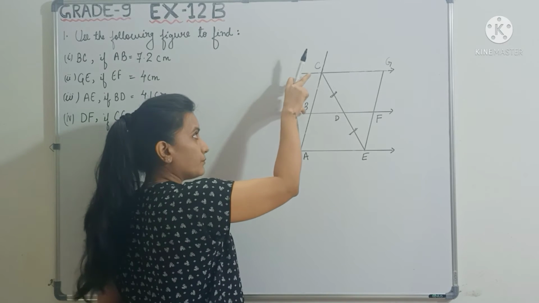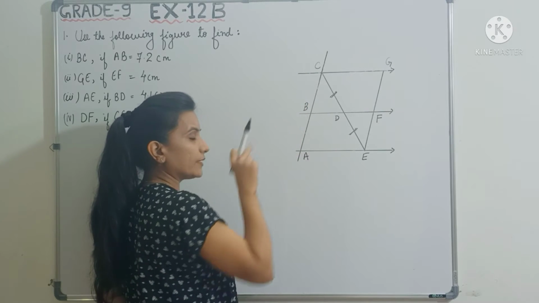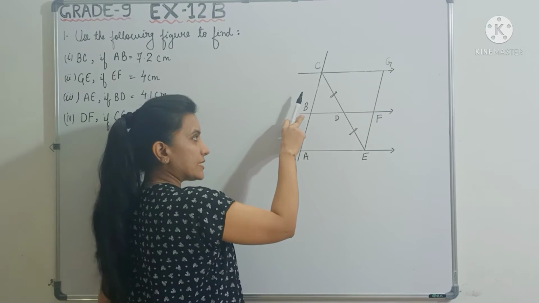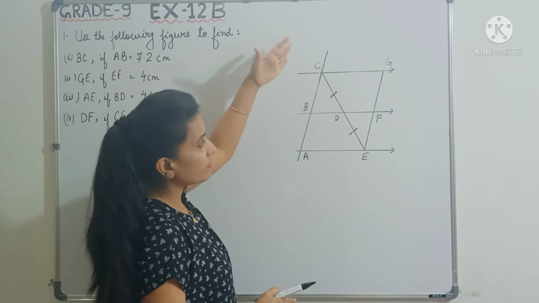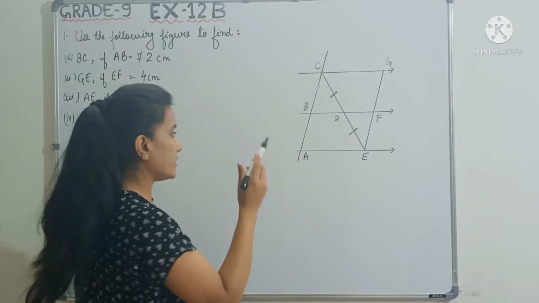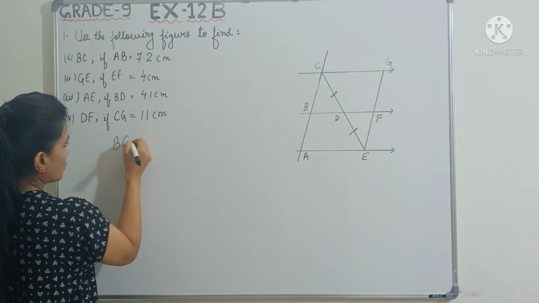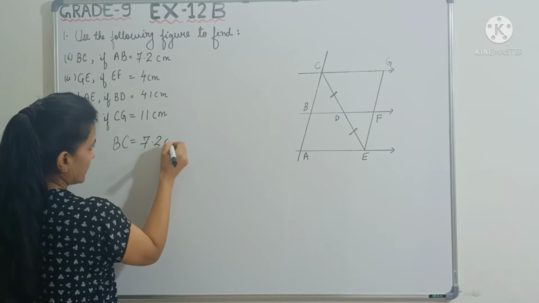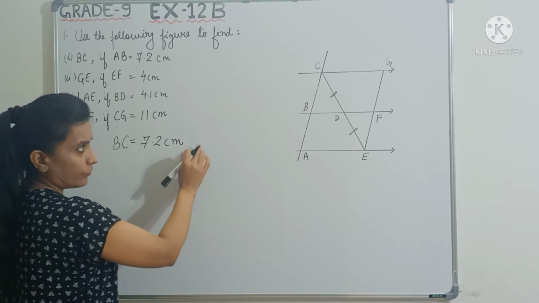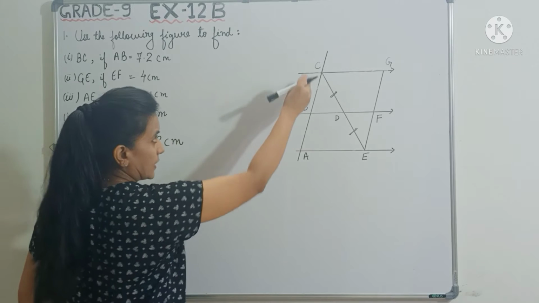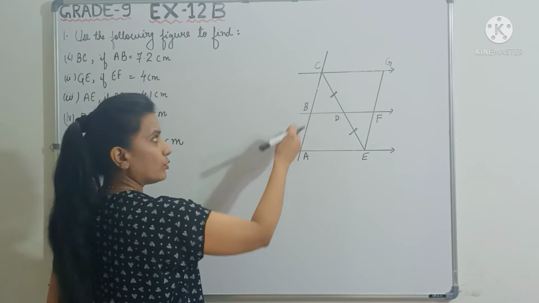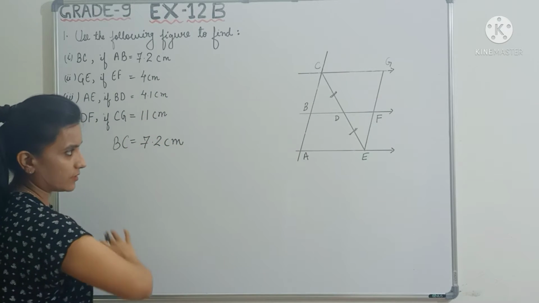It means CB will be equal to BA. So if BA is 7.2 centimeter, BC will be how much? Even BC will be 7.2 centimeter. You can write down from the equal intercept theorem, CB is equal to BA, so CB will be 7.2 centimeter.